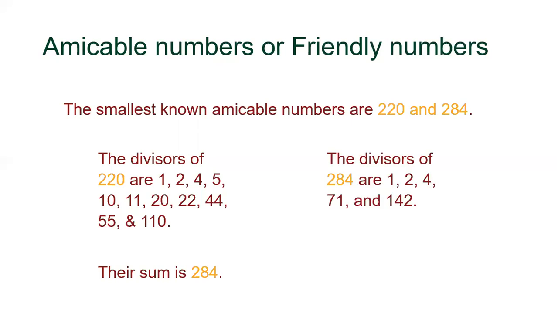The divisors of 284 are 1, 2, 4, 71, and 142. The sum of these divisors is actually 220. So, did you get the pattern? That is why these numbers are amicable numbers or friendly numbers.